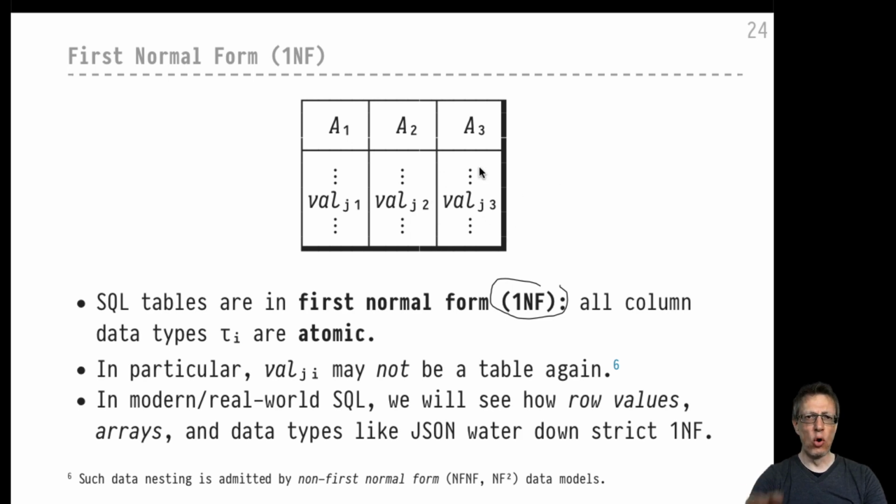It will have no structure according to the relational data model. We might have a text value there, and the text value is comprised of individual characters, but that doesn't make it structured in terms of the relational data model. Such a value may never be a table again, for example. So from the viewpoint of the relational data model, this is an atomic value.